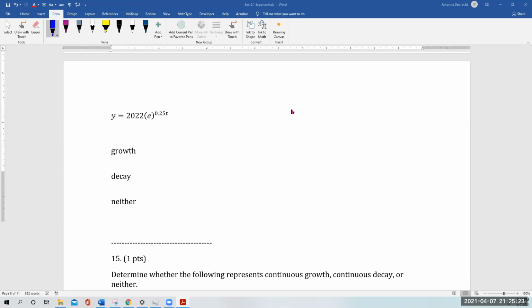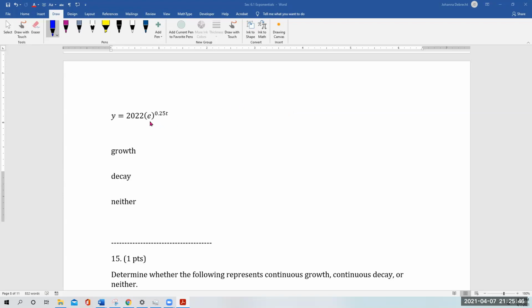That still doesn't mean it's growth or decay unless we have the variable in the numerator of the power. In other words, I can't have the variable in the denominator of the power as we saw previously. I can have a fraction inside the power, but the denominator of that fraction has to be a constant.